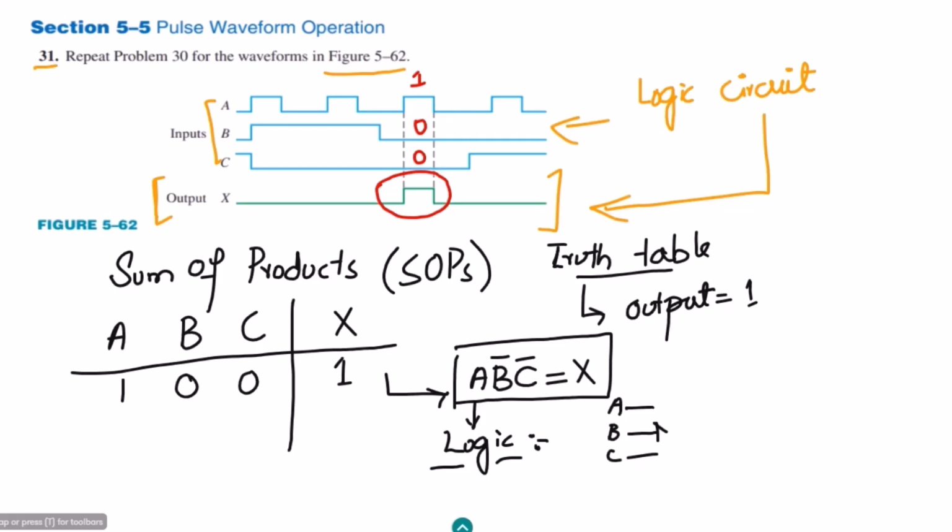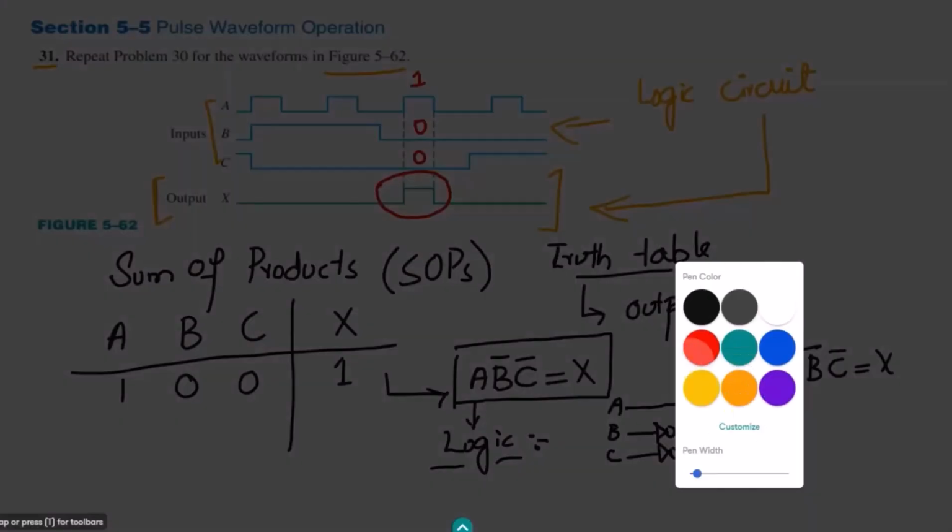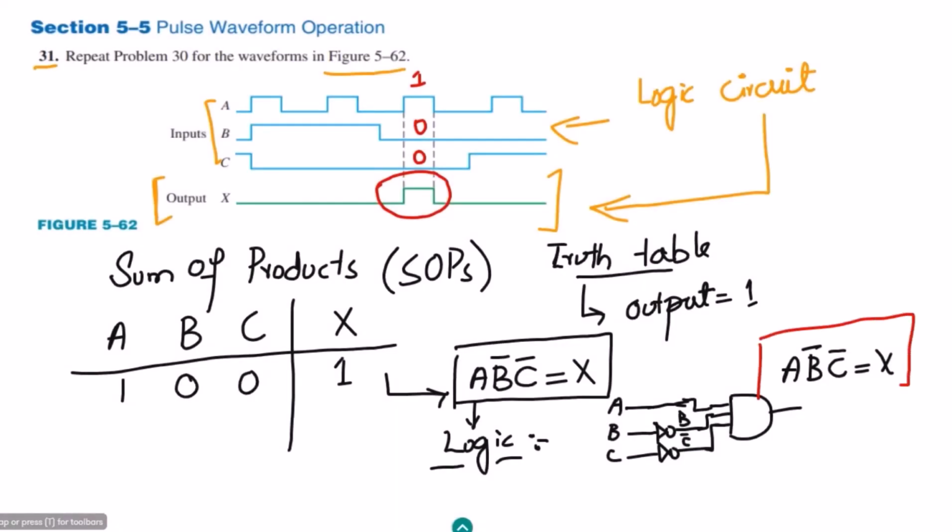The second is complemented, this is B complement, the third is also complemented, this is C complement, here we have A, and these 3 are applied to the 3 input AND circuit. So here we will have this output, which is A, B complement, C complement, and this is x. So very easily we have found out the output x, and by following the procedure we can see that we have found out these things.